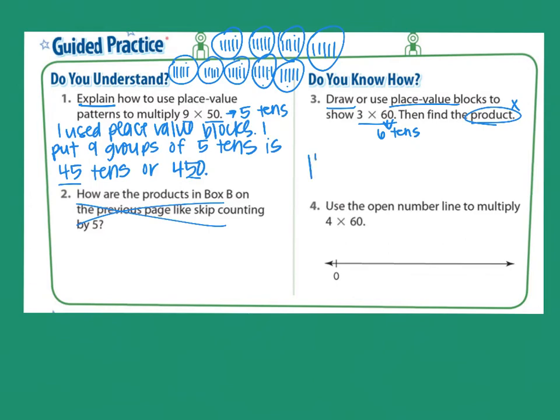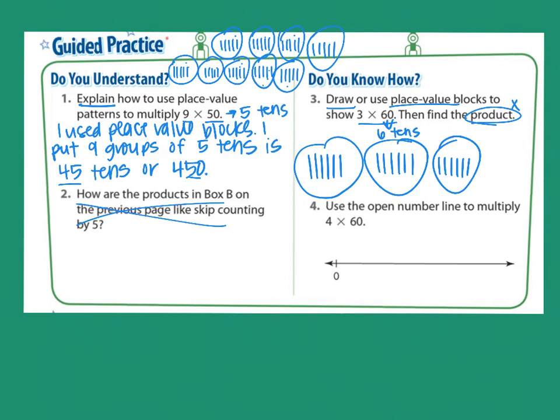So here's 1, 2, 3, 4, 5, 6. There's one group. 1, 2, 3, 4, 5, 6. There's 2 groups. 1, 2, 3, 4, 5, 6. There's 3 groups. So now I need to find the product. So if I count these, I have 60, 60, and 60, or I can say 3 groups of 6 would be 18, because 3 times 6 is 18.